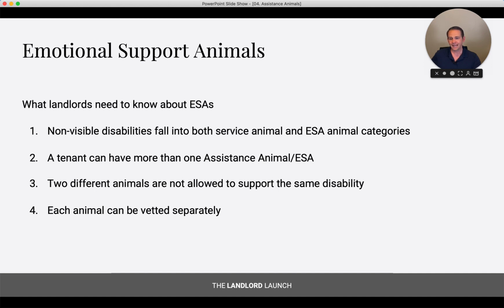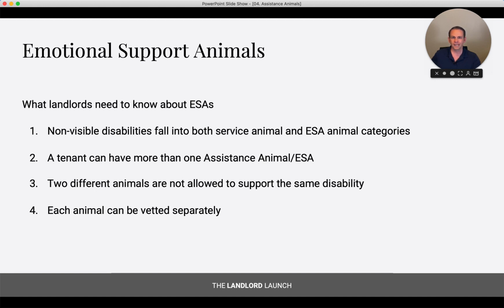Now, they can have more than one assistance animal to treat different things. So let's say one is for depression and one is for anxiety, right? Probably a better example is one is for depression and one is for, let's just say, seizures. I mean, to really extreme those out.